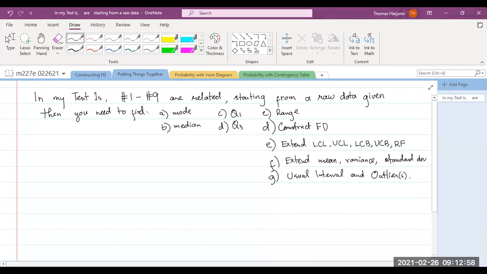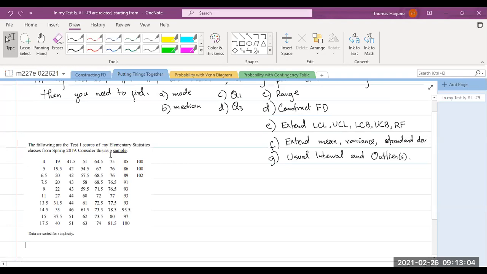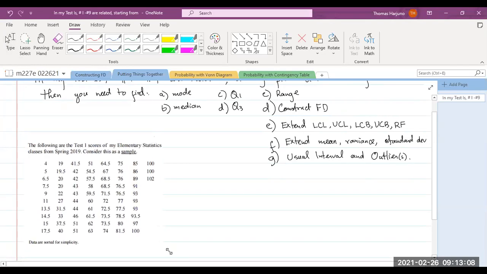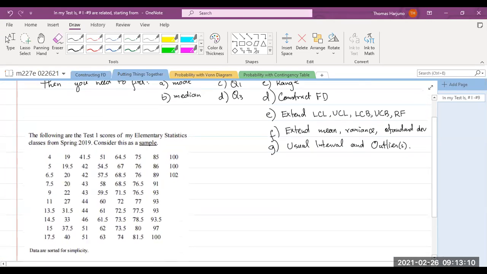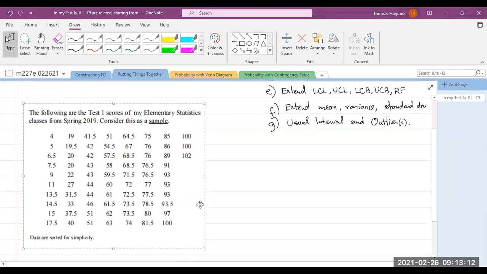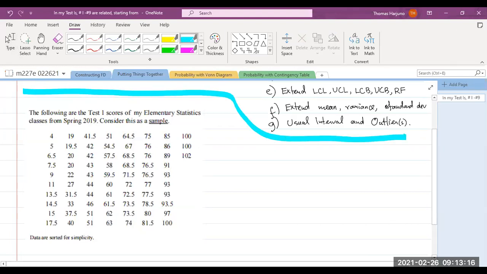Suppose I go back to that one example, the one we just did. Suppose that we have this one. Let me put the boundary. Now then, question 1, what is the mode?